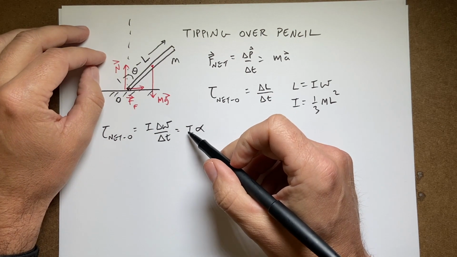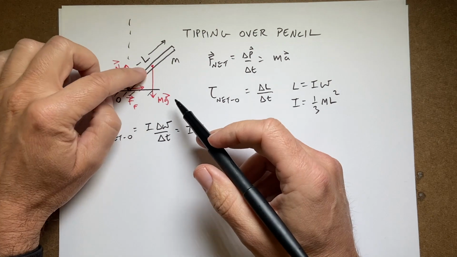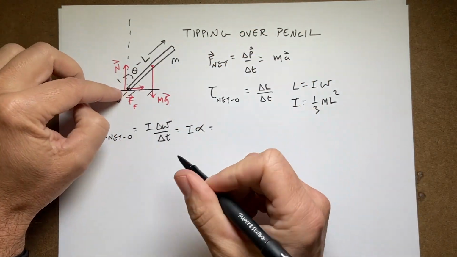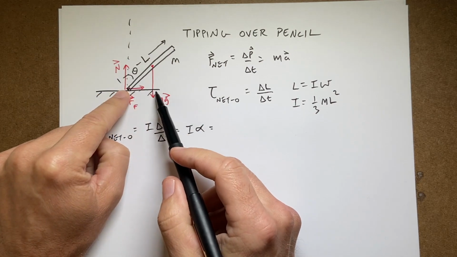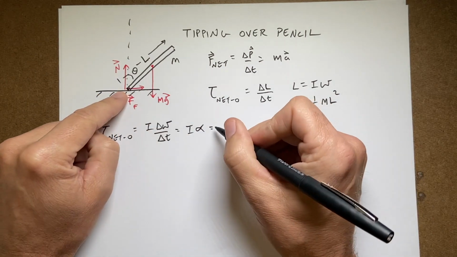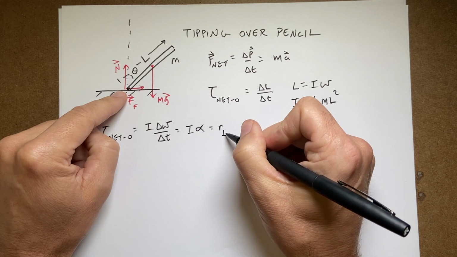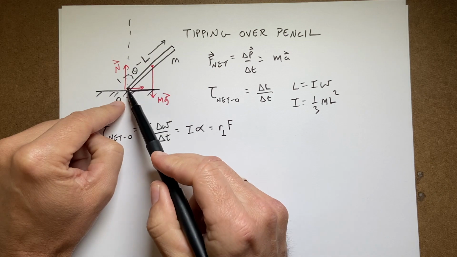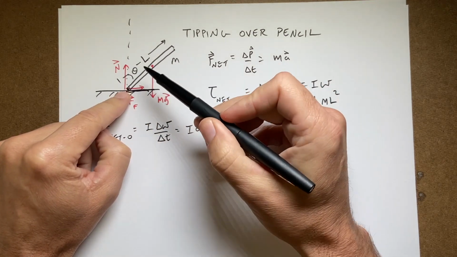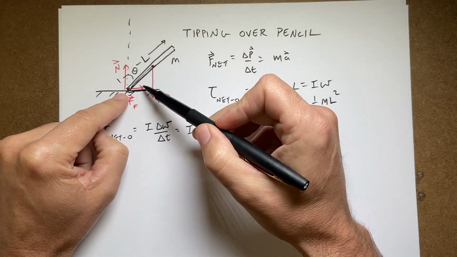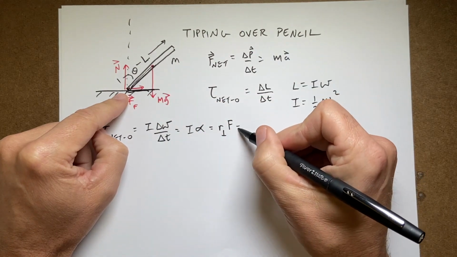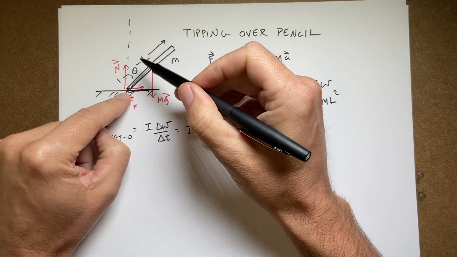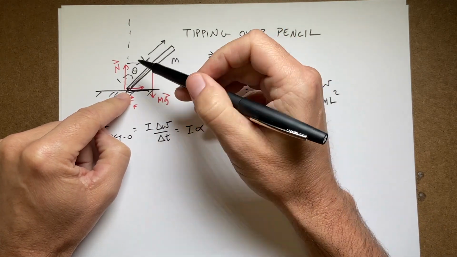So I know that torque. I can calculate the torque. The torque is going to be equal to the perpendicular distance, so the torque is R perpendicular times F. I'm going to use this distance here for my R. And you can see if this is L over 2, then this is going to be L over 2 times this side, which is sine theta.